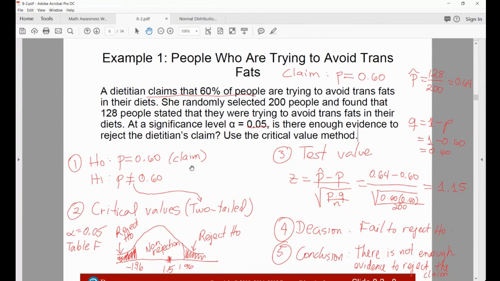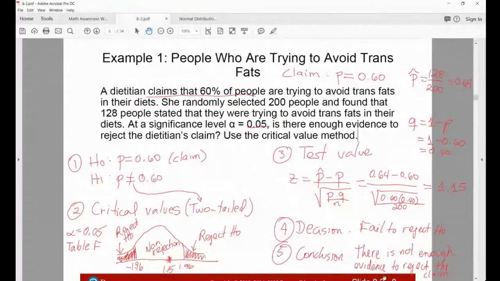So if the decision is that we cannot reject the null hypothesis, then we cannot reject the claim. If the decision was reject the null hypothesis, then we will have evidence to reject the claim. So depending on the decision and depending on what the claim is, remember the claim could be the null hypothesis, but sometimes it's the alternative. So taking into account the decision and the claim is how we write the conclusion.